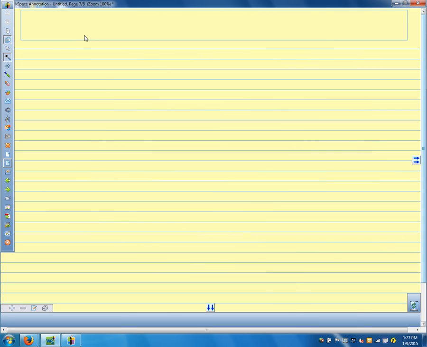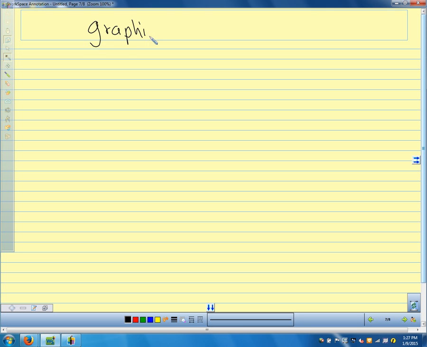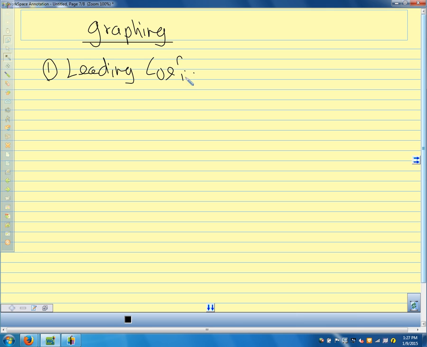All right, the last thing I just want to give you some steps for graphing. Some of your homework problems will ask you to sketch a graph of a polynomial. So we have lots of tools that we can use for graphing. One, we're going to use the leading coefficient test, so we figure out what our graph's going to eventually do on the right and left hand side.